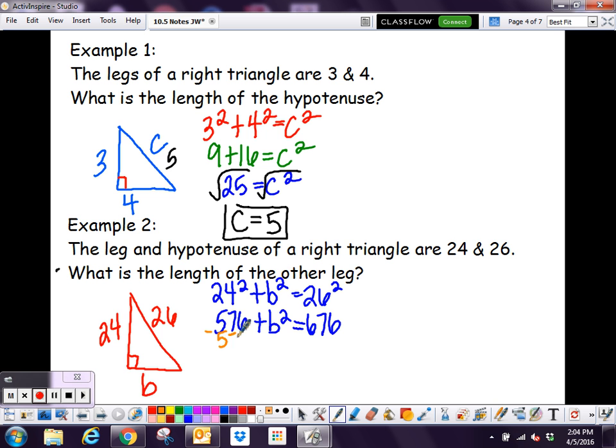So I'm going to subtract 576 and move it over. So I have B squared equals 676 minus 576 is 100, which is a nice number. I'm going to take the square root of both sides, and the square root of 100 is 10. There we go.